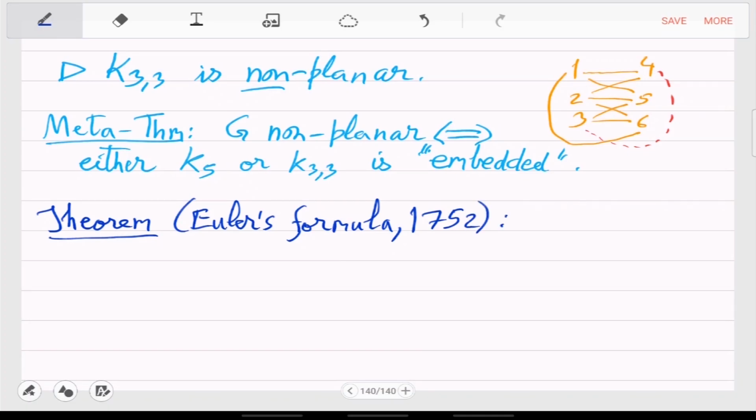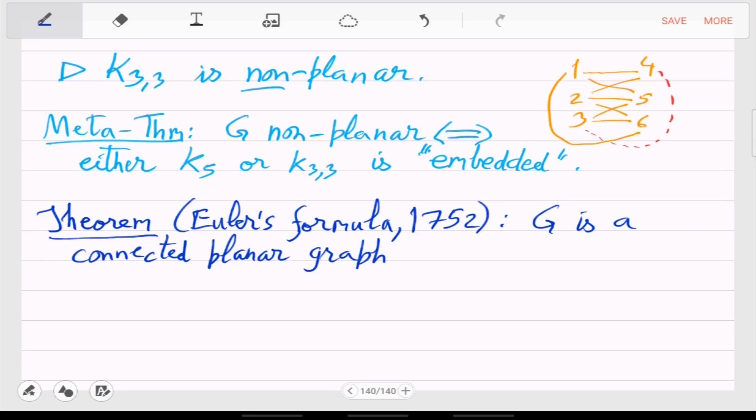It's very fundamental. So what it says is that if G is a connected planar graph, then, I'll write it in short form, V minus E plus F is equal to 2.